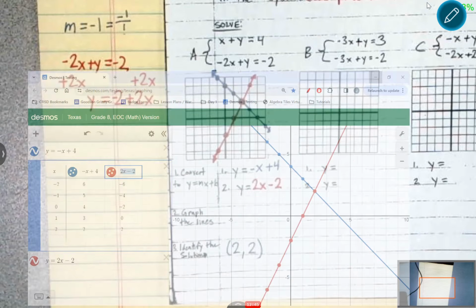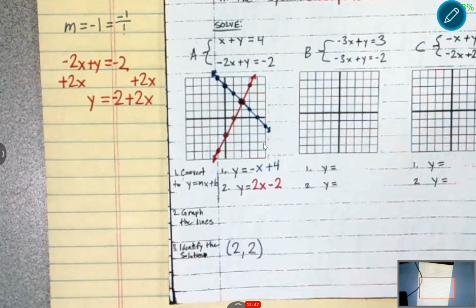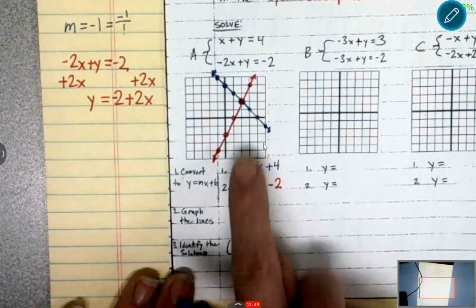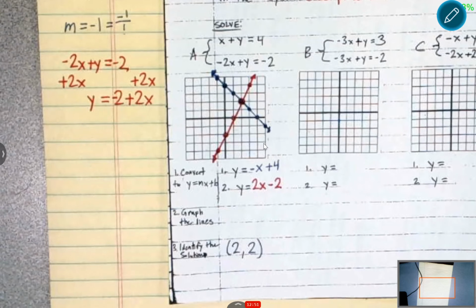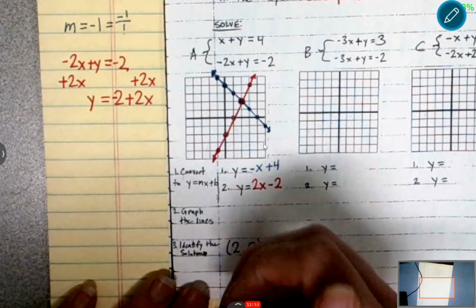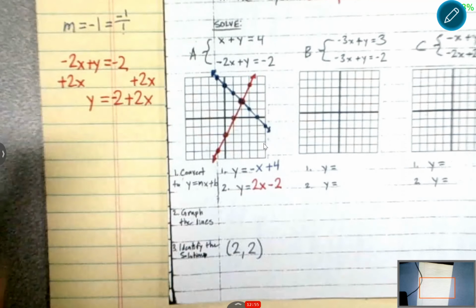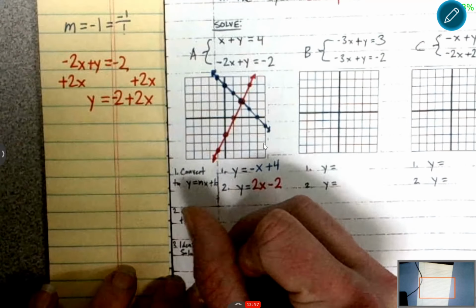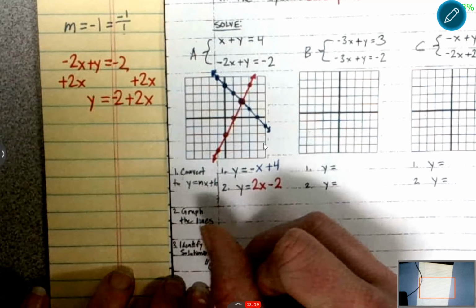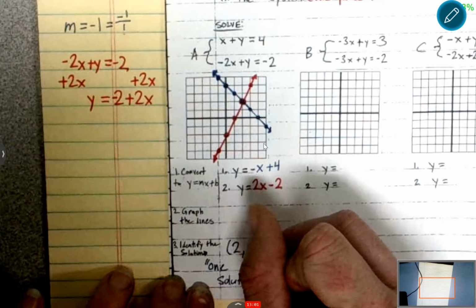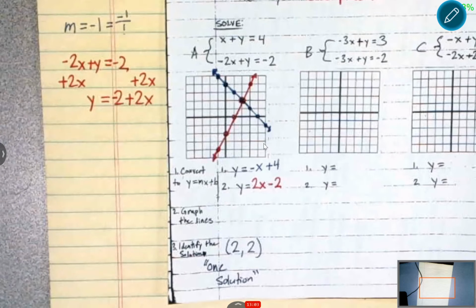Perfect. Okay. So in this situation, there's only one place on the graph, or one ordered pair, where they cross. So we say, in this case, there is one solution. On a table, there's only one x value where the two y values are the same.